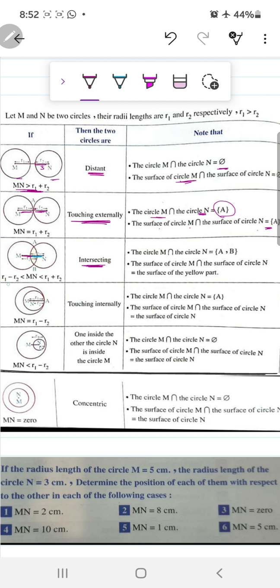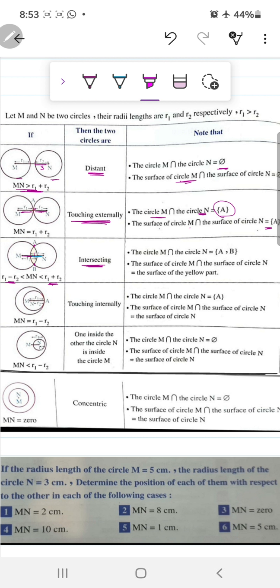Here the intersection between the two circles is two points. What's the meaning of the intersection of M and N? It means the curves here, the shaded ones. So the intersection between them is point A and point B.